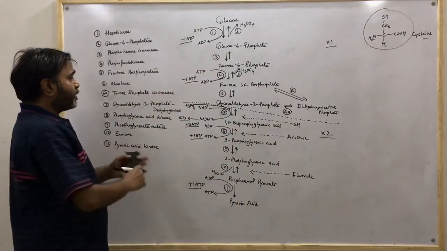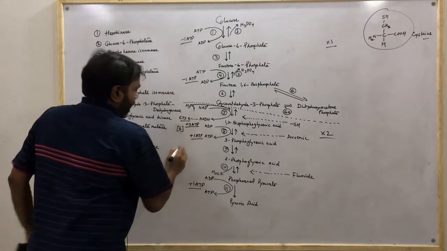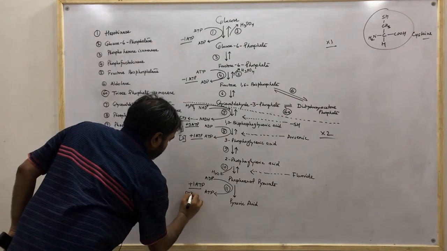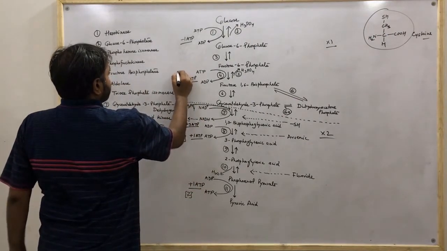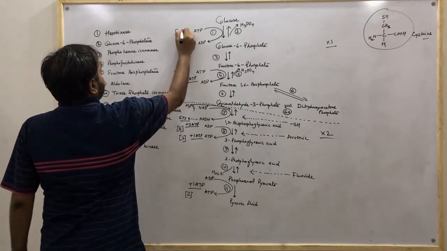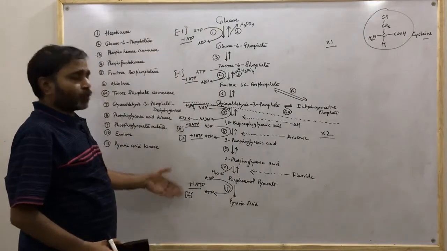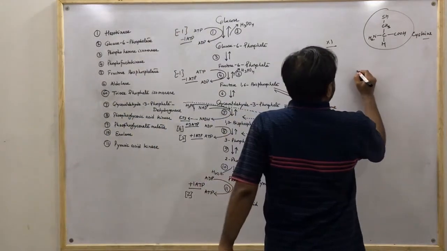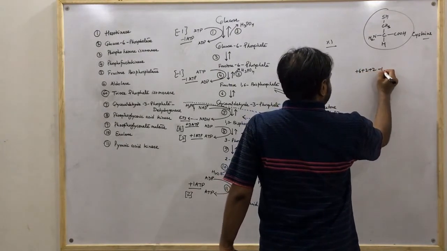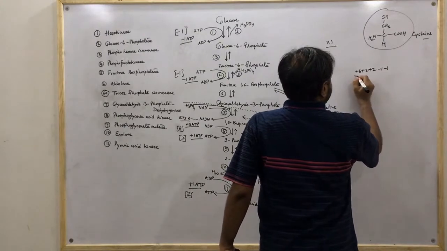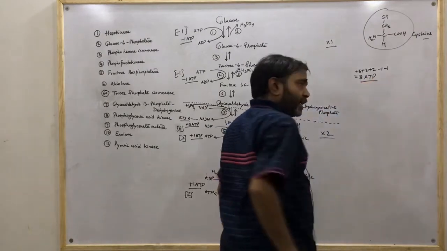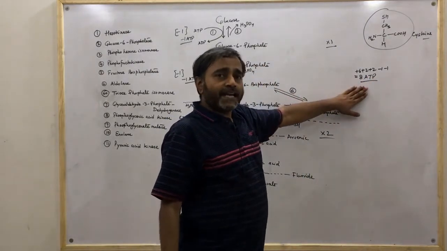So it will become 6 ATP, and here it will become 2 ATP, and here also 2 ATP, and at these positions minus 1 ATP and minus 1 ATP. If we sum it together, what will we get? Plus 6 ATP, plus 2, and at last minus 1 and minus 1. So it will finally give us a net gain of 8 ATP. So 8 ATP molecules will be obtained as net gain.